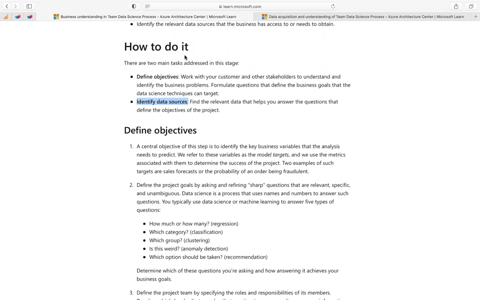Now, based on the explanation I gave in the first session, being able to identify the data sources is part of a data scientist. Even if your organization doesn't have data about the customers, here is a case that actually helps to answer the question that defines the objectives.